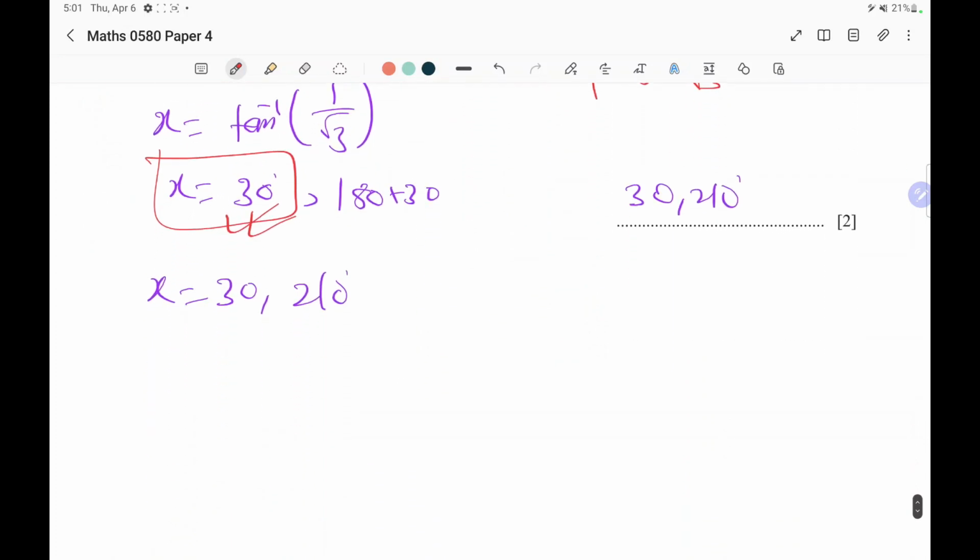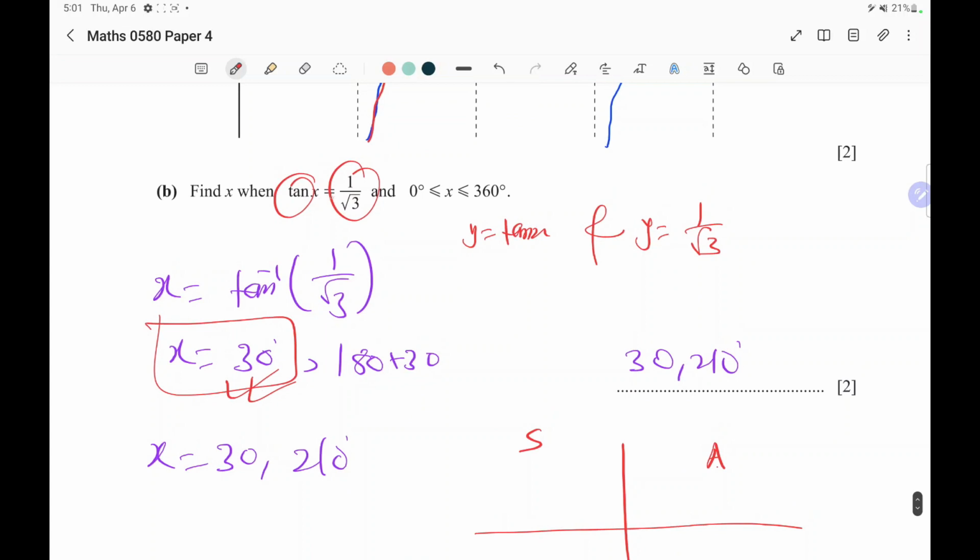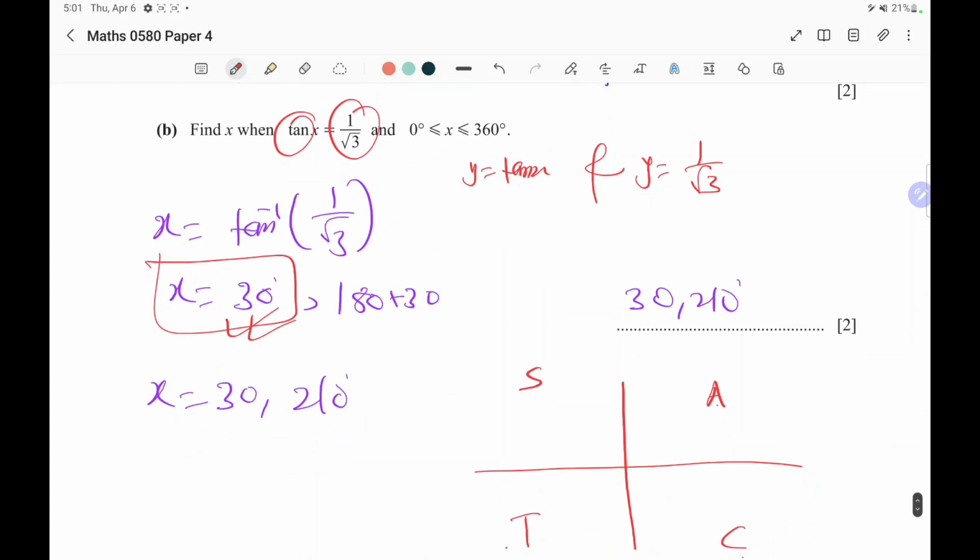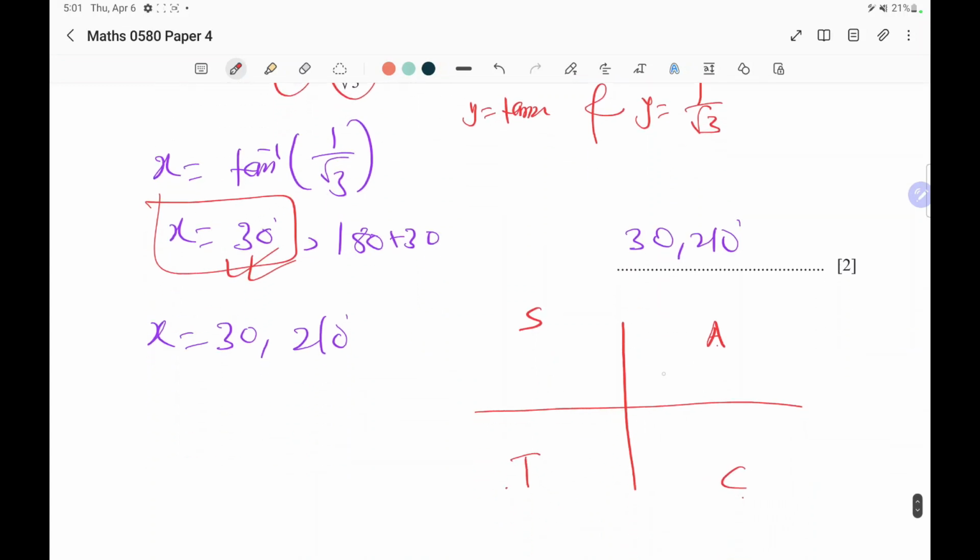And with another method also we can understand this, with the CAST diagram. I always try to recall this: after school to college, all positive, sine positive, tan positive, and cos positive. Right now here we have tan 1 over root 3, so tan is positive. So tan will be positive in the first quadrant and in the third quadrant. Okay, so one angle I have to figure out here, and one angle here.